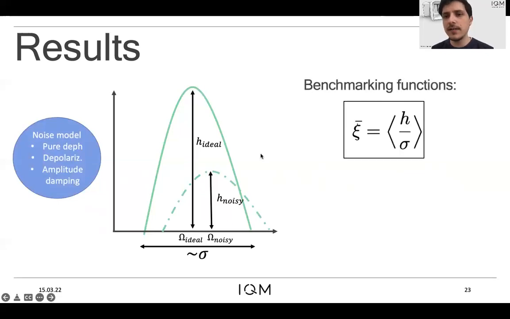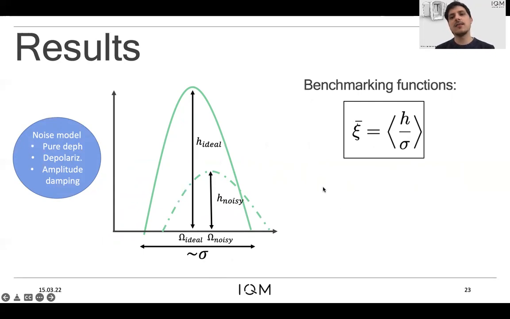The first of them will be this psi rate, in which we fit a Gaussian peak in this peak, and then we study the height of this Gaussian peak against the variance of this Gaussian peak. So this is that ratio, and we average over all the nucleus peaks that we can find.